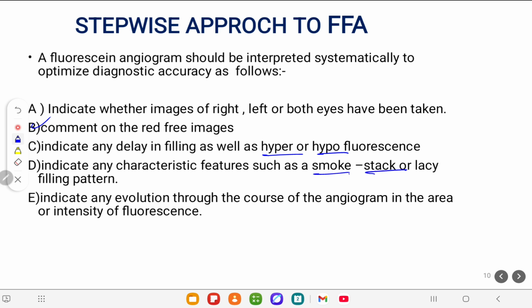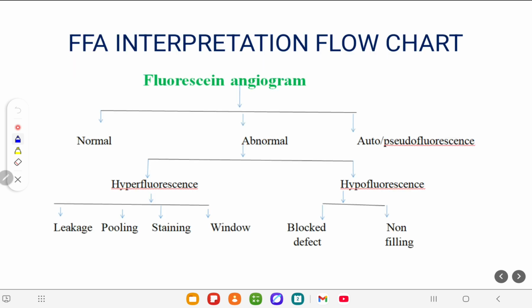That's very important. What is the smoke pattern, what is the stack pattern or leaky filling pattern? Indicate any evolution through the course of the angiogram in the area or intensity of the fluorescence. It's very important if throughout the course the intensity is growing. So this is the interpretation flow, the fluorescein interpretation flow chart.